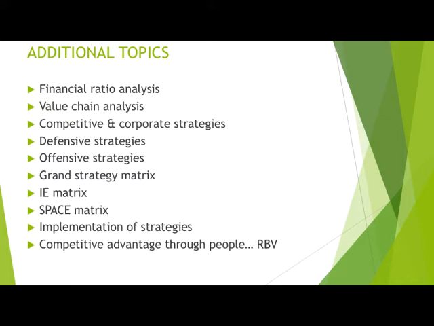Porter's 5 forces will help you determine whether the bargaining power of the supplier is high or low. And once you identify that the bargaining power of the supplier is low, what do you do? Will you backward integrate?